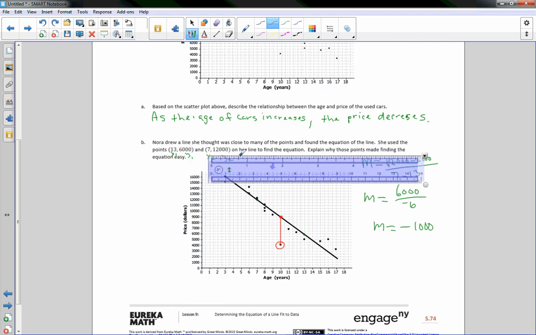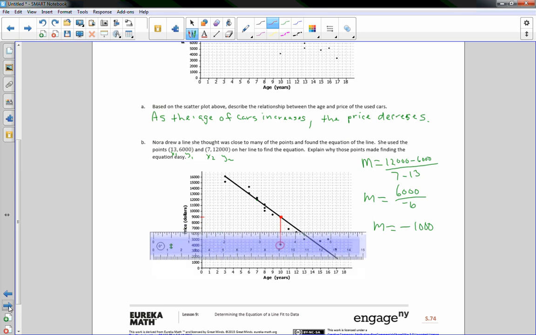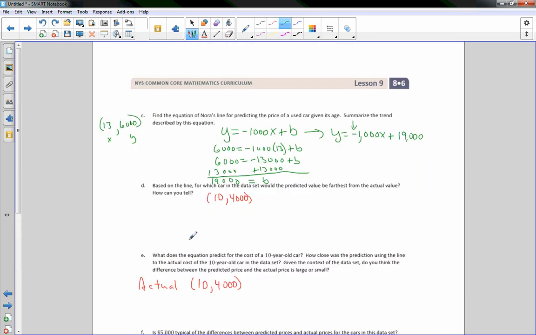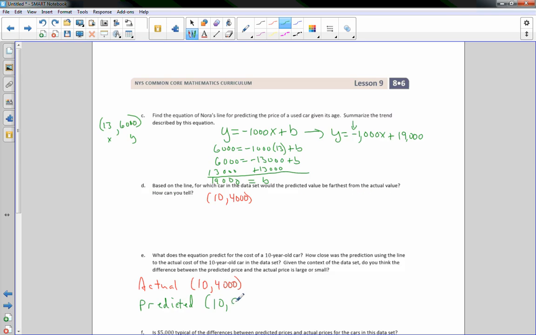If I rotate my straight edge here and put it here and come over here, I see that it is 9,000. So actual was $4,000 for a 10-year-old car, and the predicted for a 10-year-old car was $9,000.